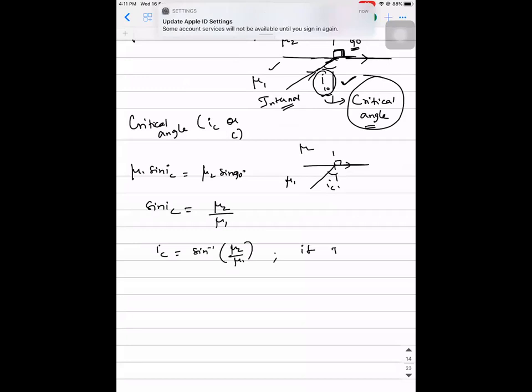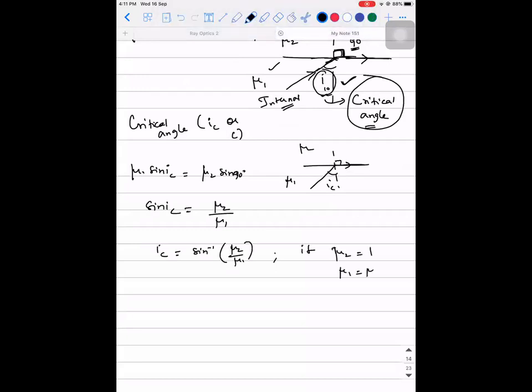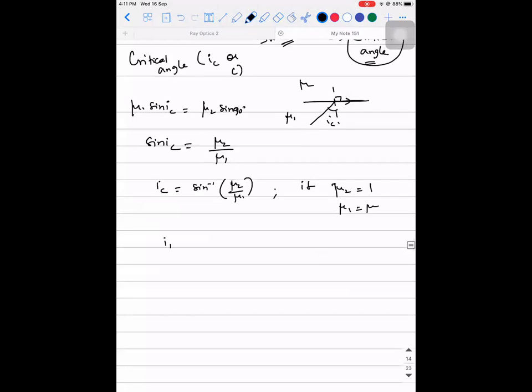Special case: if mu2 is 1 and mu1 is mu, then IC will be equal to sine inverse of 1 by mu. I would not suggest it as a very big formula because you can derive it in no time. Maximum 5 seconds you can derive this.